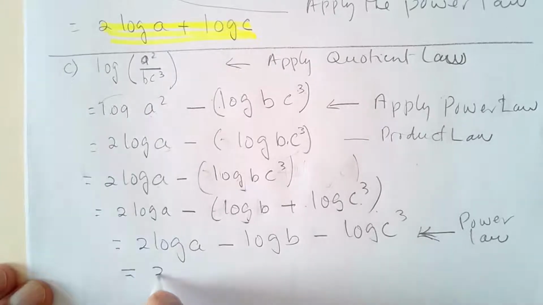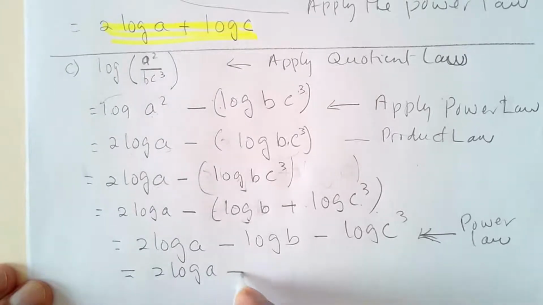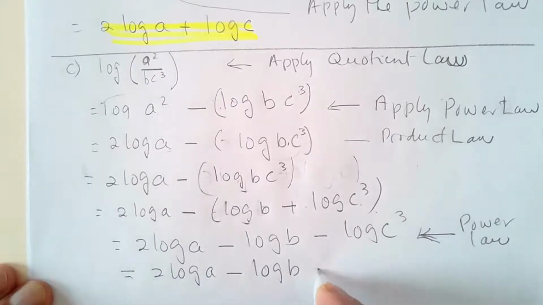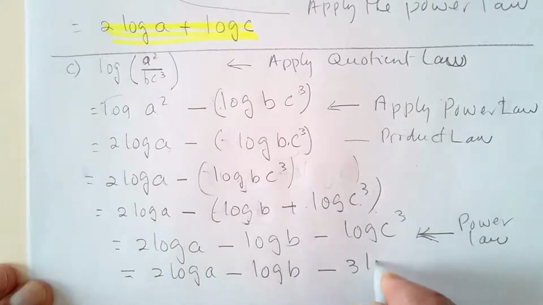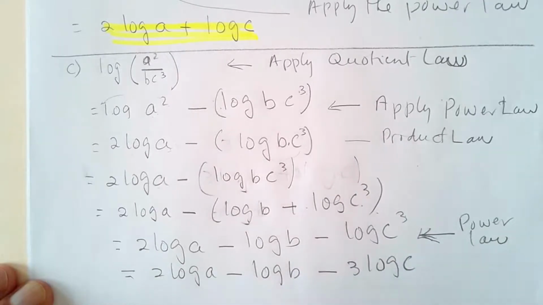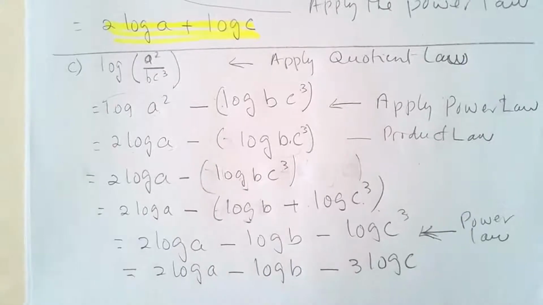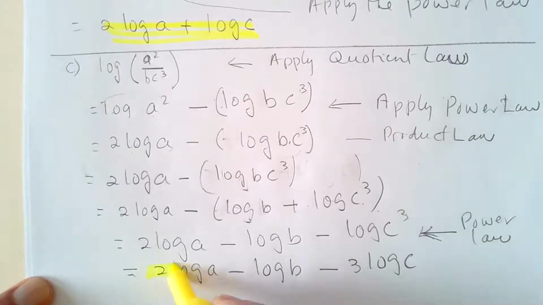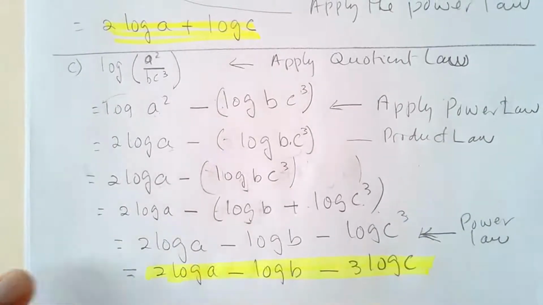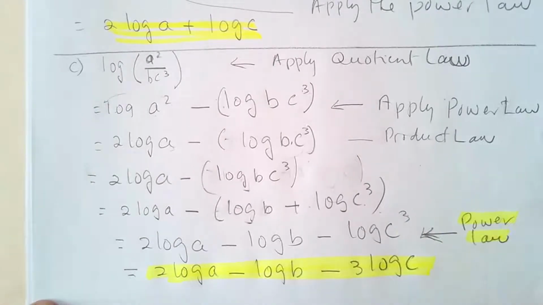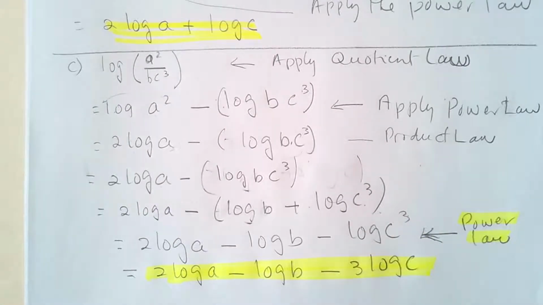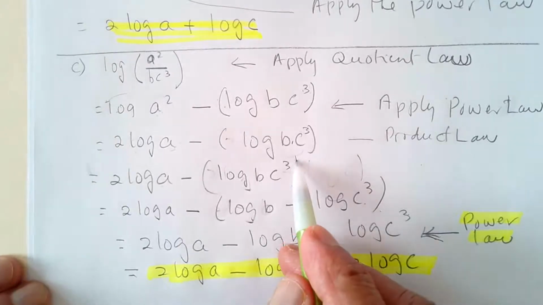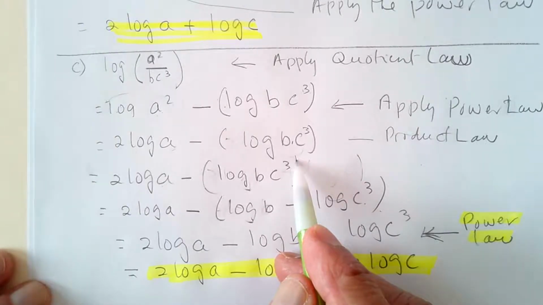So this is going to be 2 log A minus log B, now minus 3 log C. Let's go over this because I made a mistake here and I should have seen that.